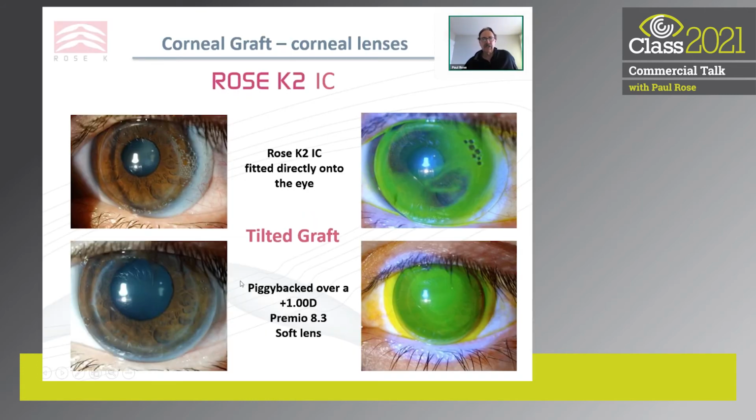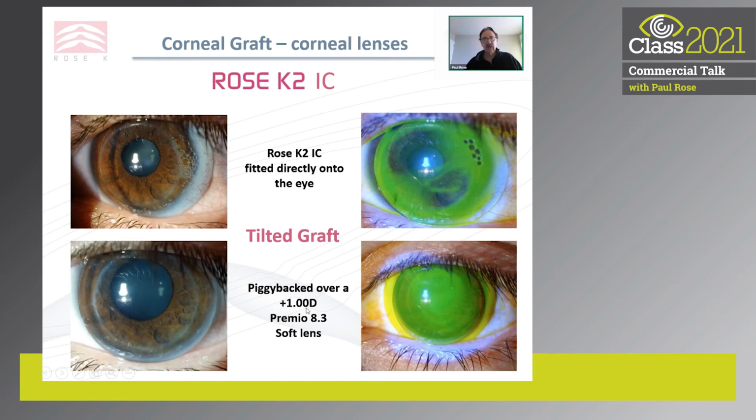This was an interesting case presented to me by a New Zealand practitioner, where they tried to fit IC directly onto the cornea. It mislocated and they got bubbles underneath the lens. You can see the lens mislocating onto the sclera here. This was the fluorescent picture. The lens looks a little bit flat here. It's bubbling and it's certainly pushing out into the temporal portion.